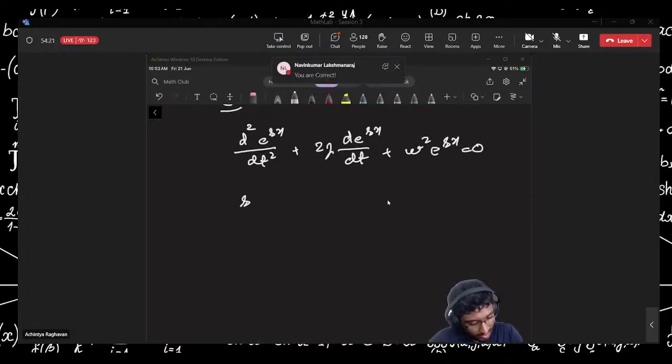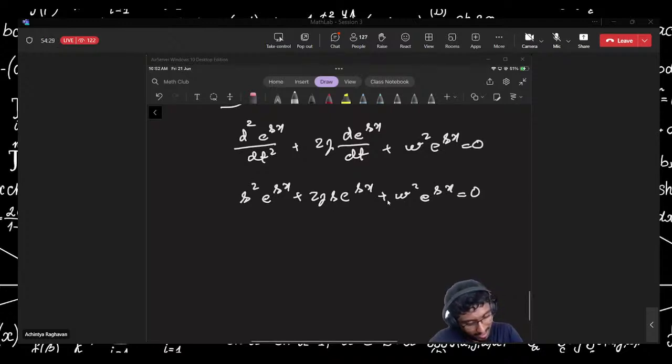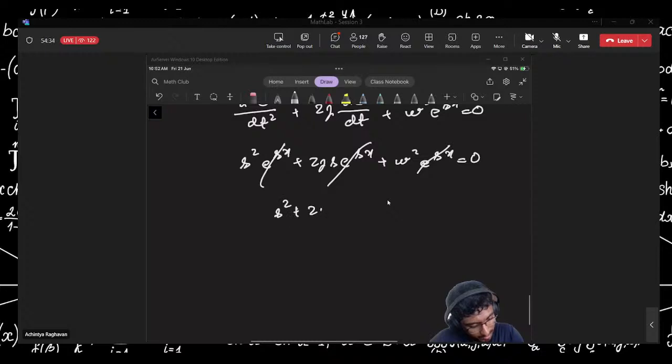So this is just s square e power sx plus 2 gamma s e power sx plus omega square e power sx equal to 0. Can cancel e power sx. And we get s square plus 2 gamma s plus omega square equal to 0.